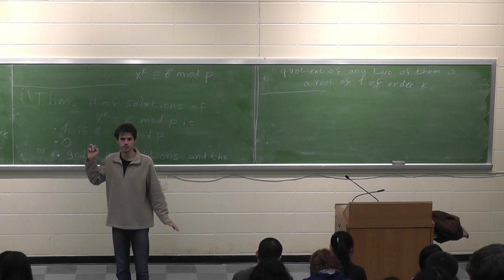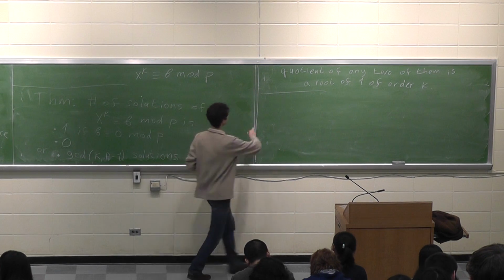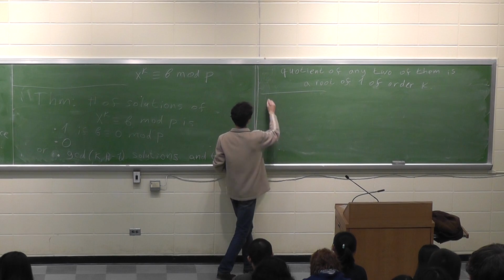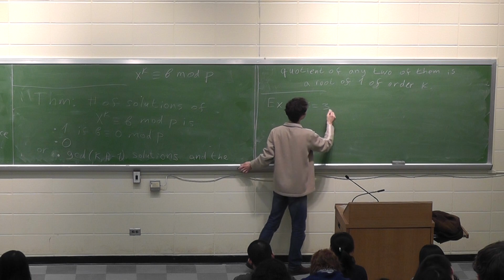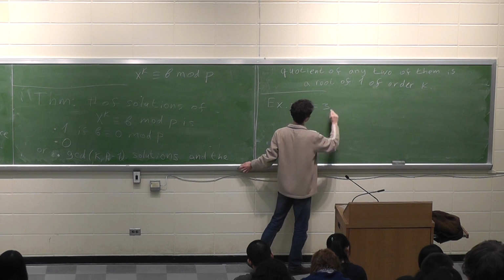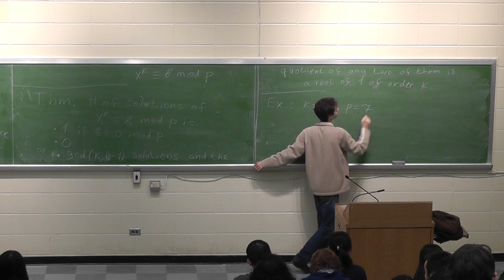Let's consider some very simple numerical example and have a short break. So, example, let me take k equal to 3, p equal to 7.